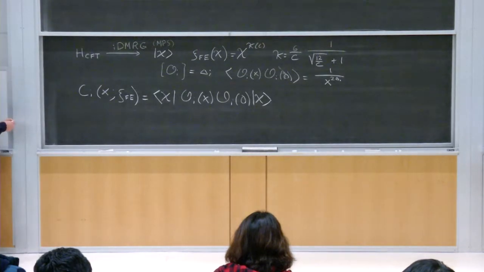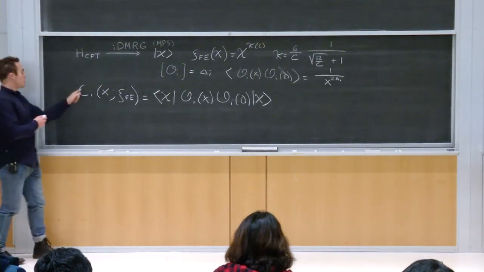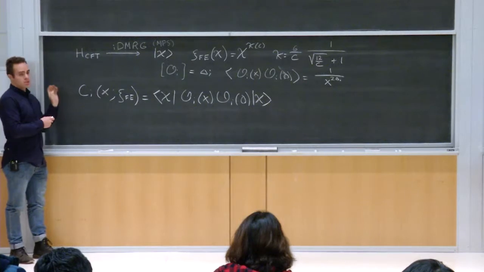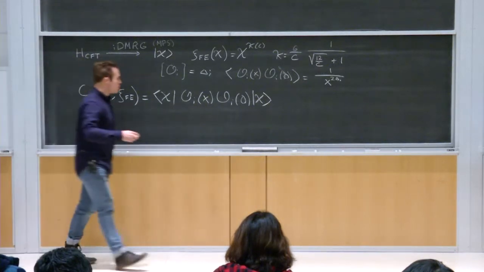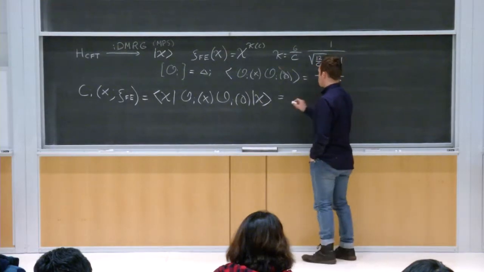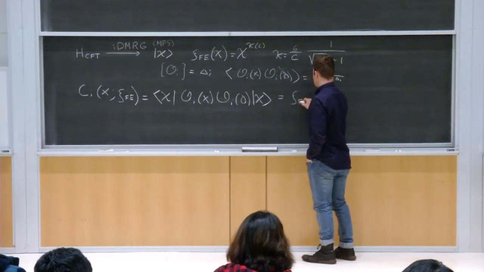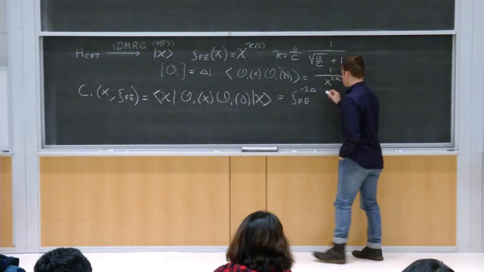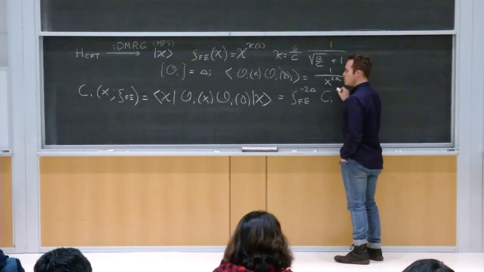So as we can usually do in any scaling theory, this function obeys a particular scaling transformation, which is: I know that this is equal to the usual scale transformation, xi to the negative 2 delta, times C_i.